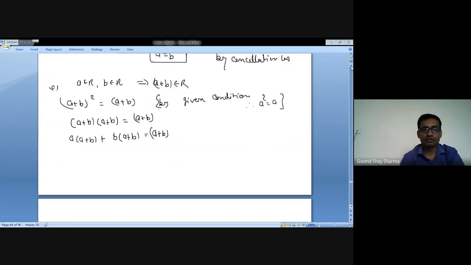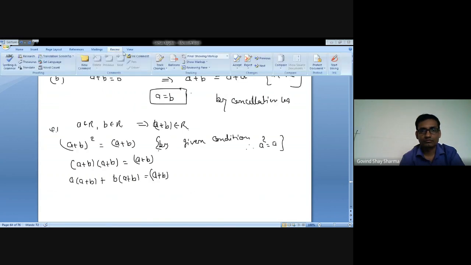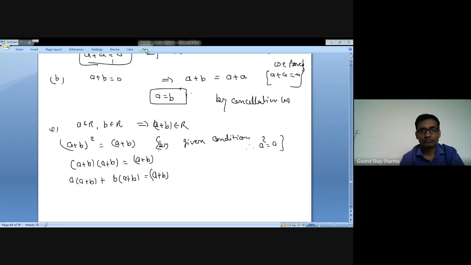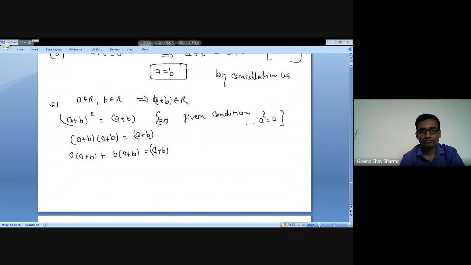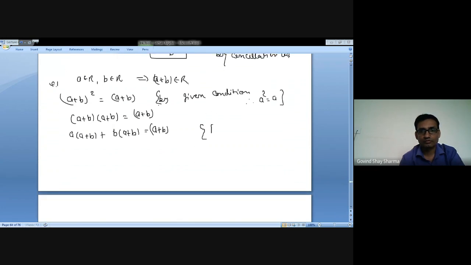Now A B by distribution. My distribution. Okay, so friend, we can write here A square plus AB equals this.